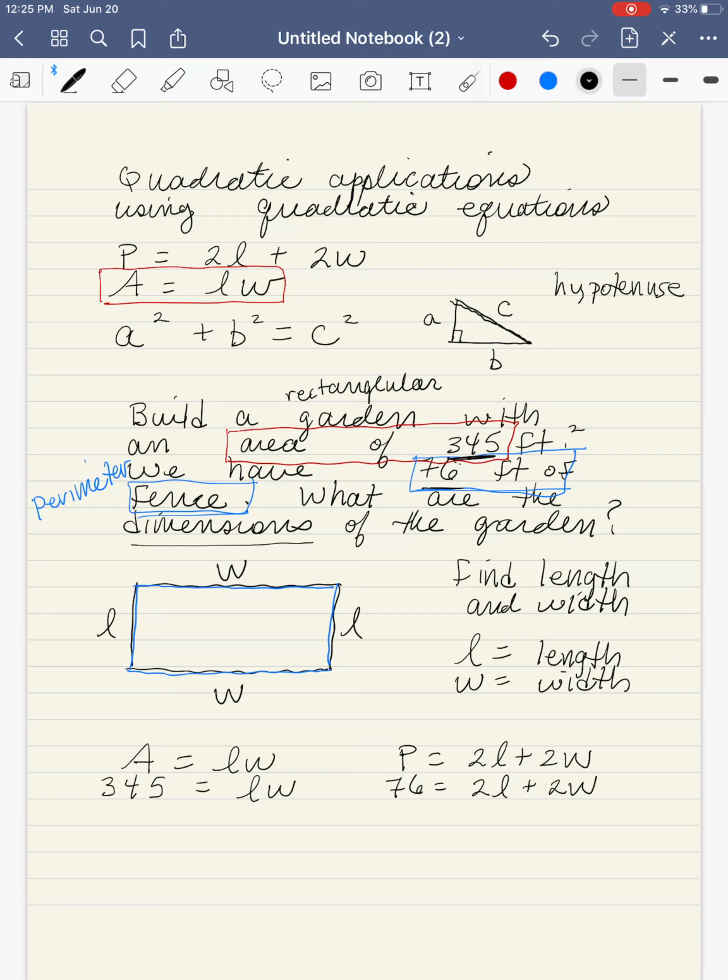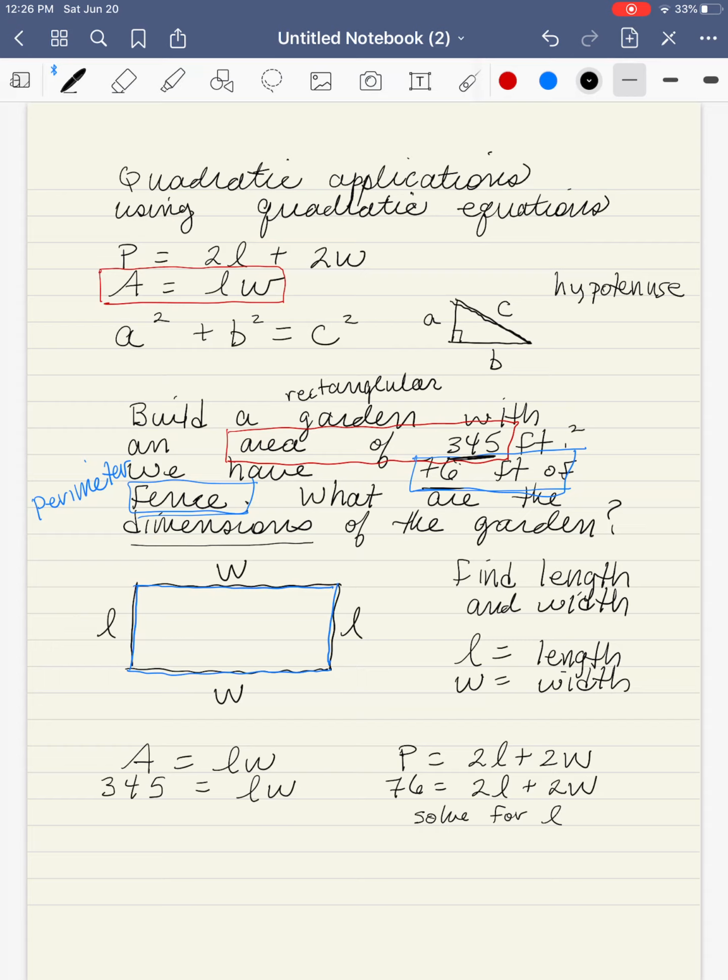I can solve this using one of our methods, substitution or elimination, and I think substitution is going to be the easiest. So I'm going to solve this one for one of my variables.